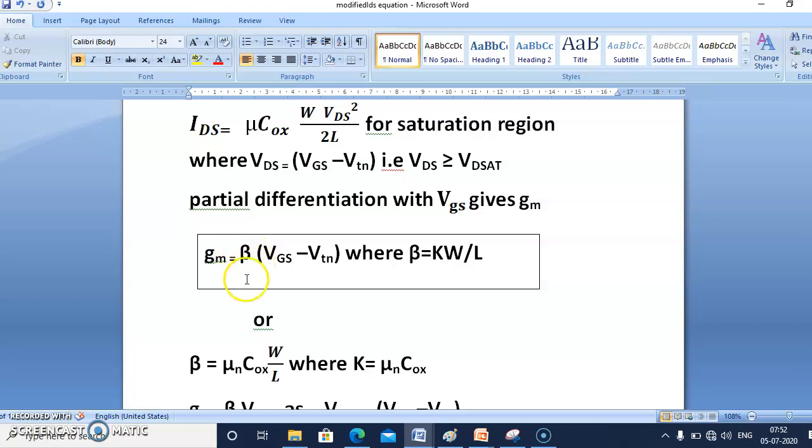So how can we increase GM? By increasing the width or by reducing the L. So if we want higher GM values, that can be achieved by reducing the channel length or by increasing the width.